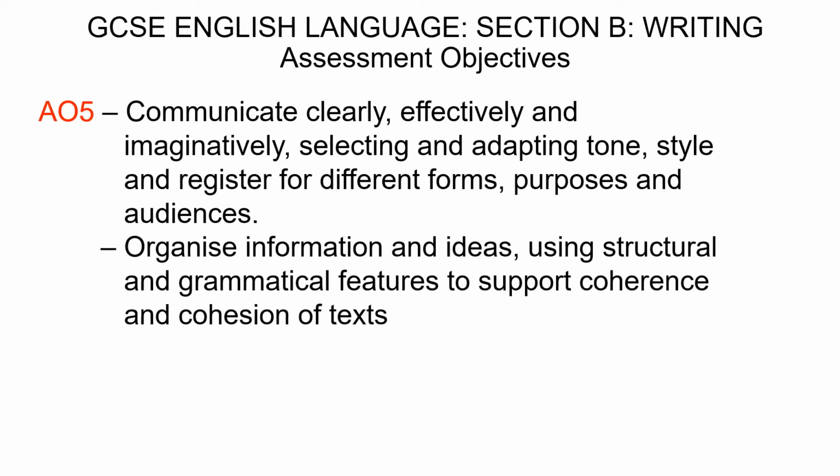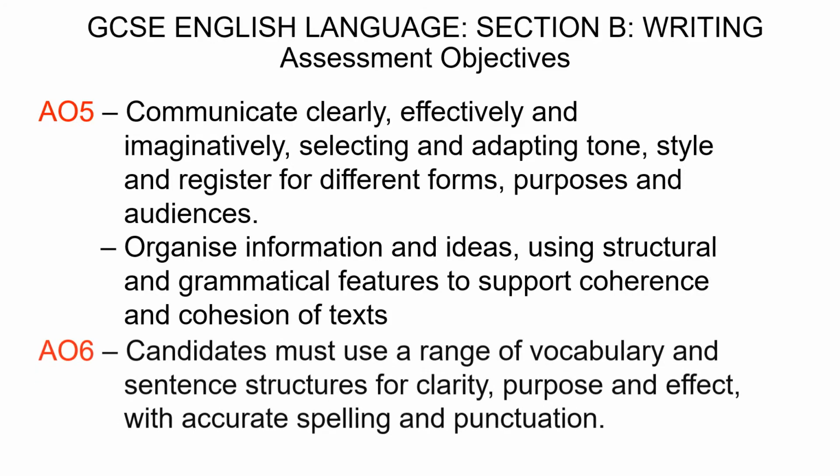So when you've got the idea, you've got your structure, you know your purpose, you need to organize this information in an accurate, structural, and grammatical way, and make sure that your writing is coherent, that you link your ideas together effectively. This is essential to get some marks. In fact, to get a lot of marks, actually.